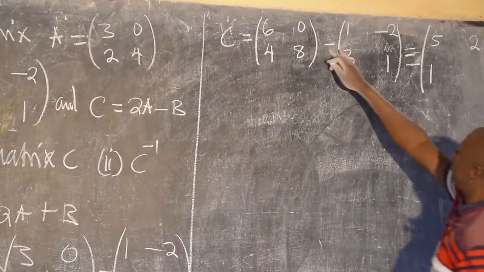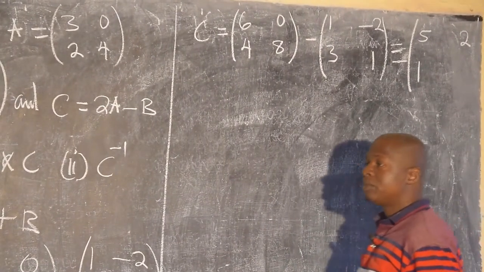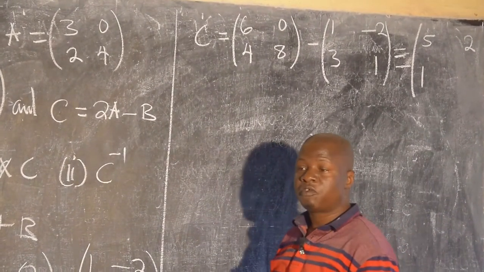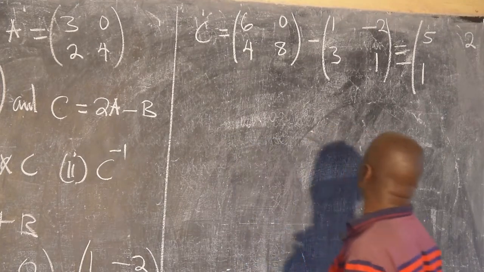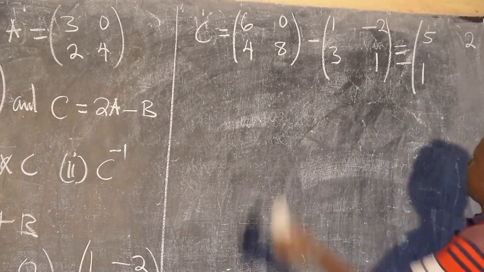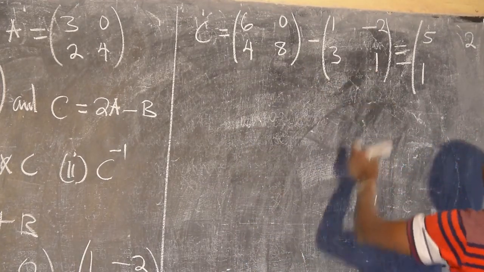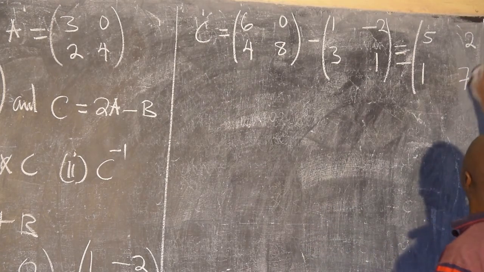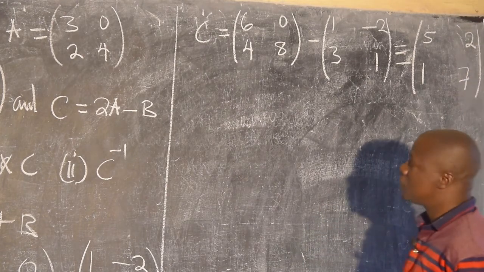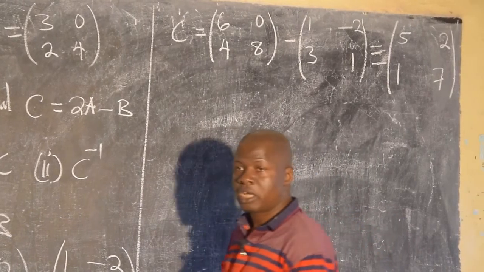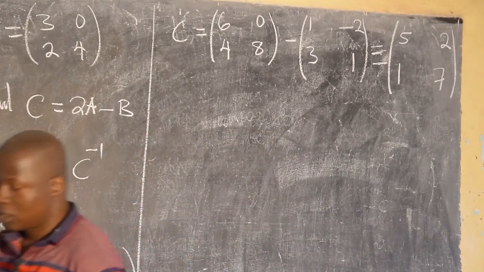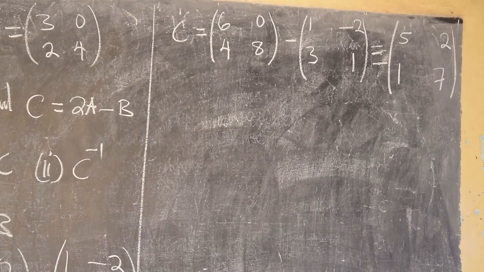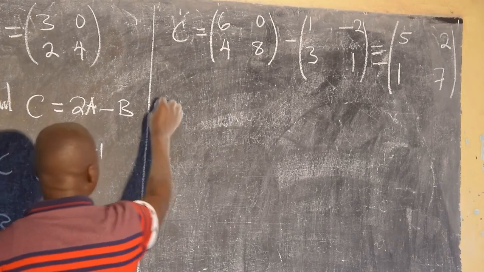A negative and negative gives a positive, that is addition. That's why we have positive 2. 8 minus 1, this one gives a 7. That is matrix C.